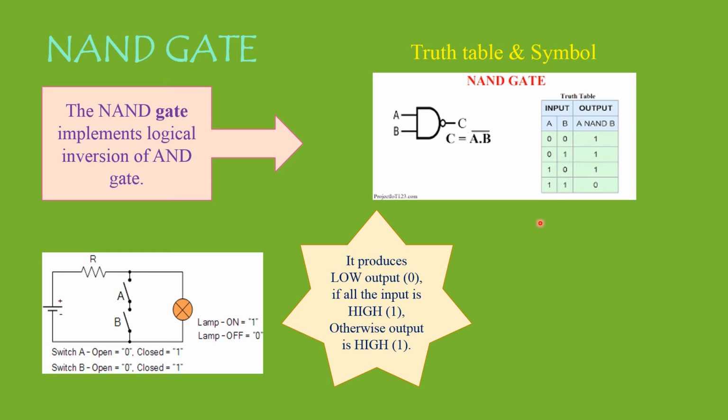Coming to the last condition, I've told you, when all my inputs are high, that is when both my switches are closed, remember this will act as a closed path. So in other words, it's a tendency of the electrons that they will move fast across a closed path. So this will act as a circuit and you will have all your electrons flowing through this path and it will get grounded.